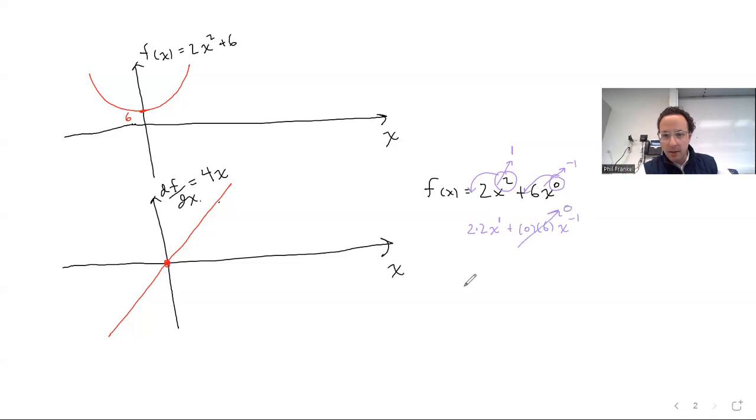I'm multiplying by 0. So I end up with 2 times 2, which is 4, times x to the first, which is x, and this is what we call df dx, the derivative of the function f with respect to the variable.